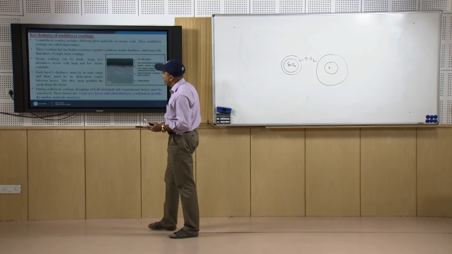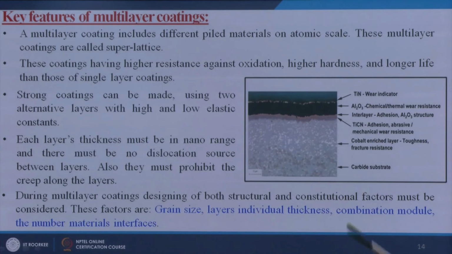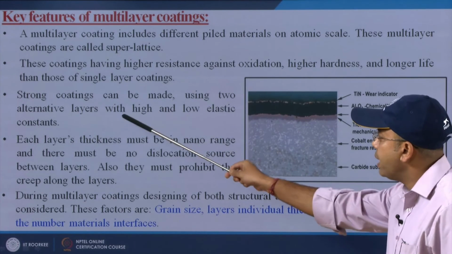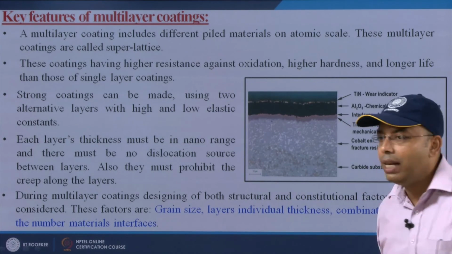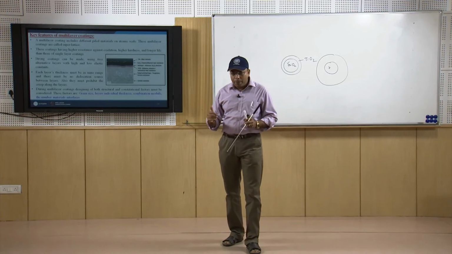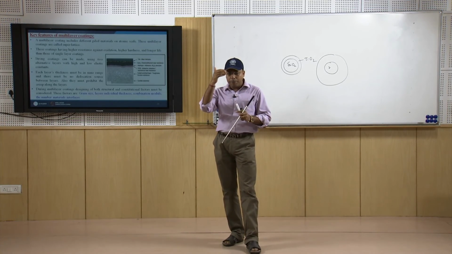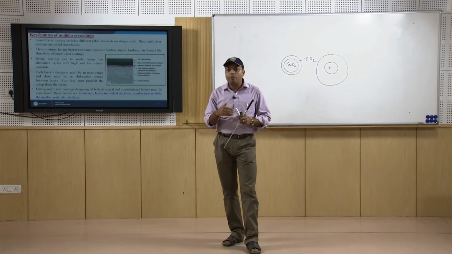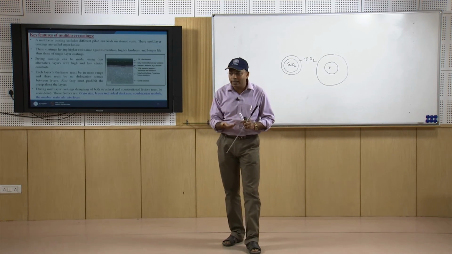These coatings have higher resistance against oxidation, higher hardness and longer life than single layer coatings, and strong coatings can be made using two alternating layers with high and low elastic constants. By these methods, whatever coating I am primarily doing, we can protect that coating, or enhance its properties, or add some harder material than the previous one.